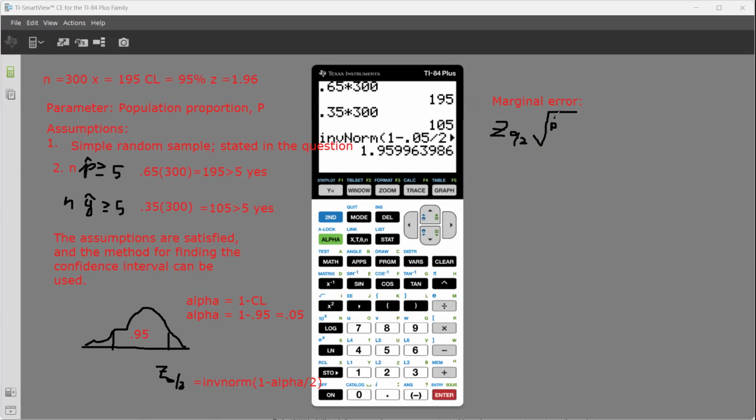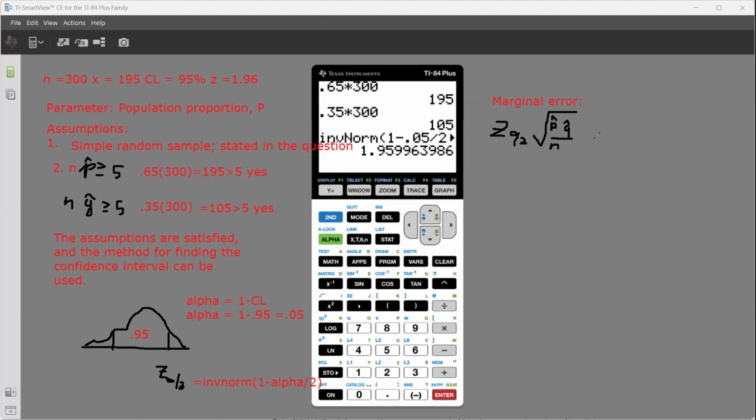P hat, Q hat over N. And yes, all of that is under the radical sign. That's my margin of error right there.